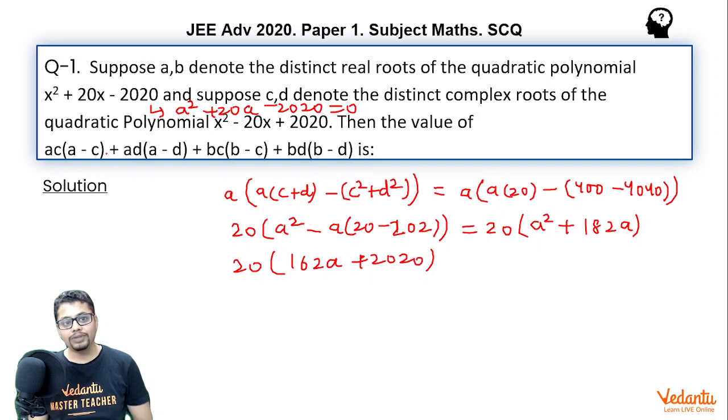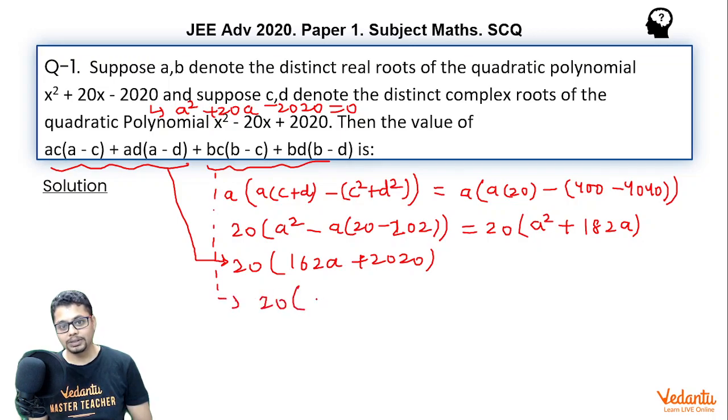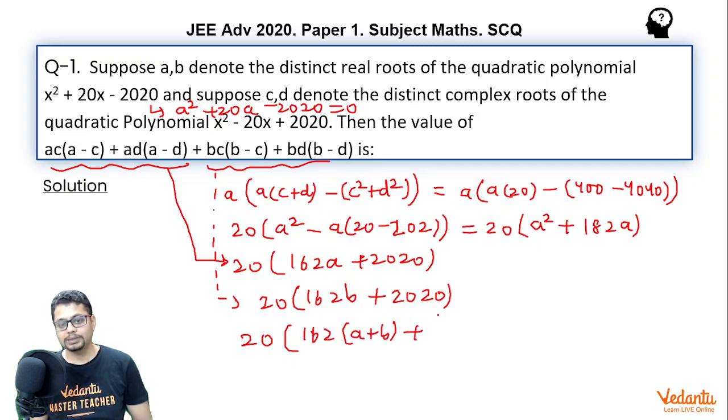Now by symmetry of the expression, if these two terms upon clubbing give me this, I can say these two terms upon clubbing would give me 20 times (162B plus 2020). Now adding these two, when I take 20 common, I get 162 times (A plus B) plus 2020 plus 2020, that is 4040.